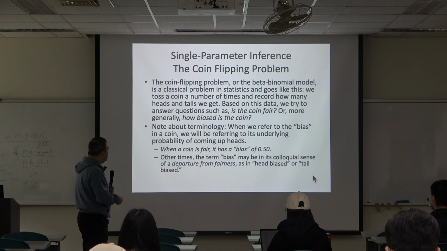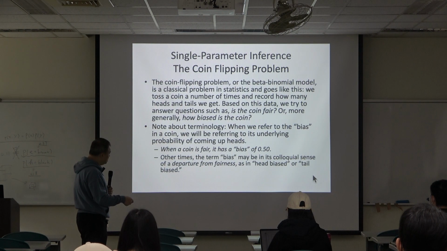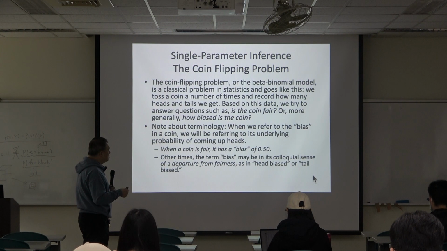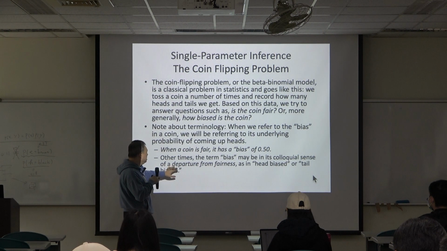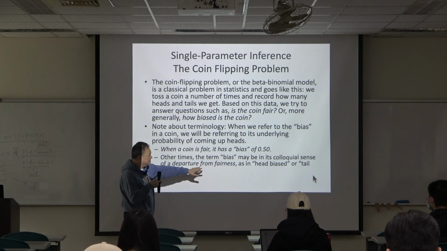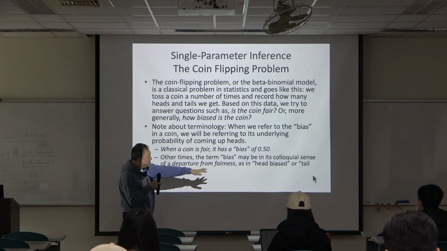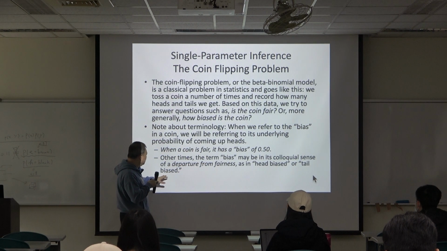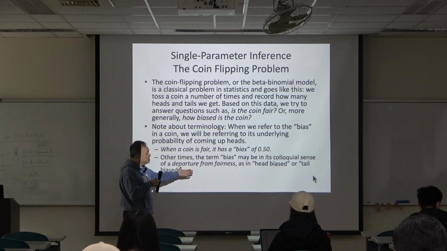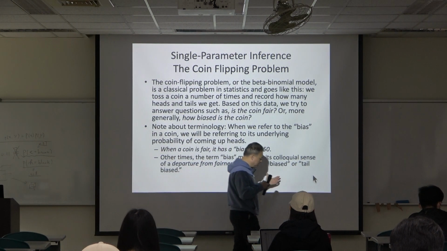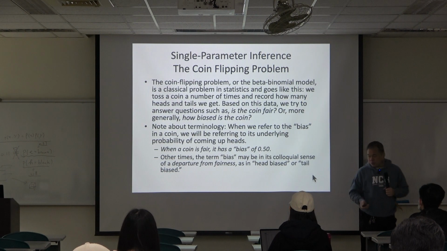So when the coin is fair, it has a bias of 0.5. Other times, the term bias may be in the colloquial sense of departure from fairness, as in head biased or tail biased. So this is more like unfair treatment, something like that. Just want you to be aware.